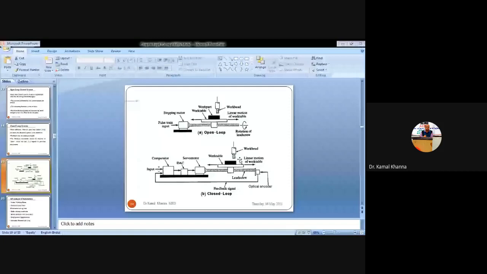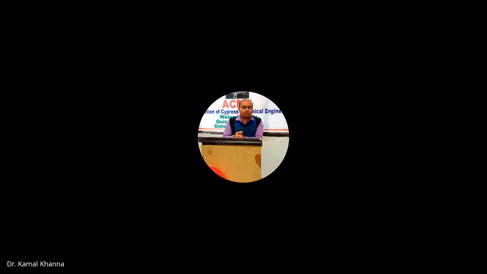But here we have linear motion of the work table, and as soon as the operation is performed on the specimen, the optical encoder receives the signal and continuously sends it to the comparator. And the comparator, as I have told earlier, compares the earlier stored data with the received data, and within the operations and after the operations, it will send the feedback signal.